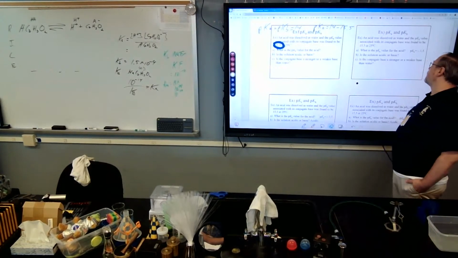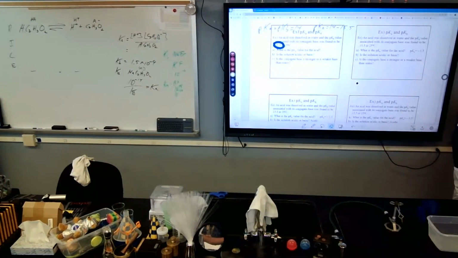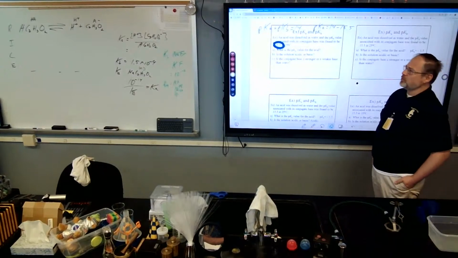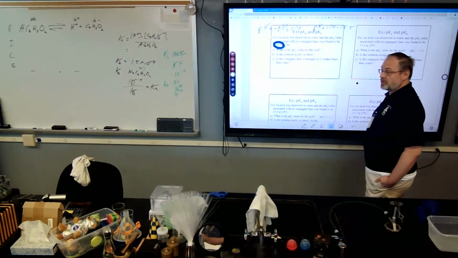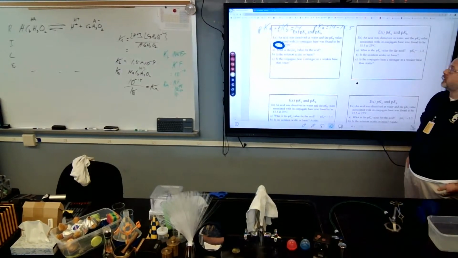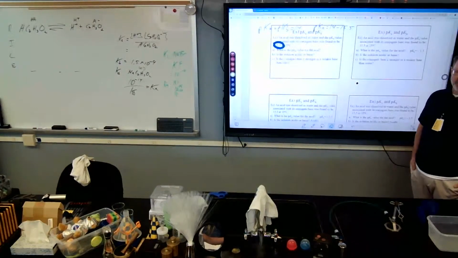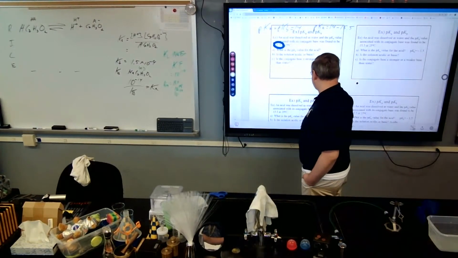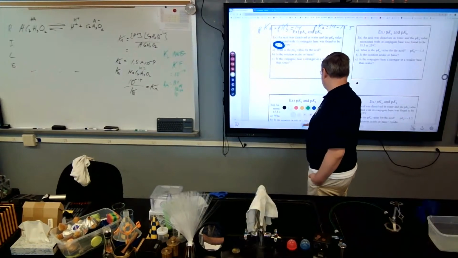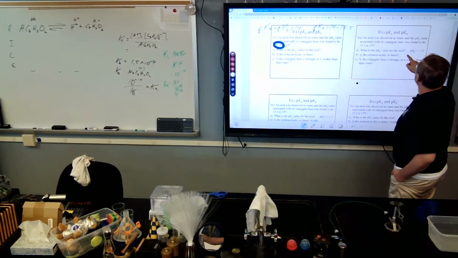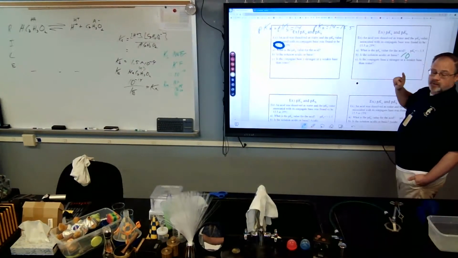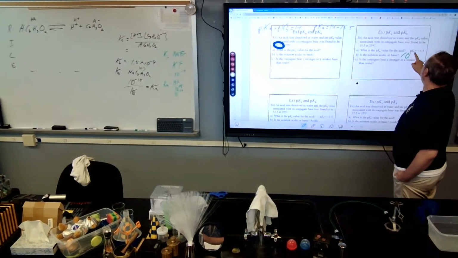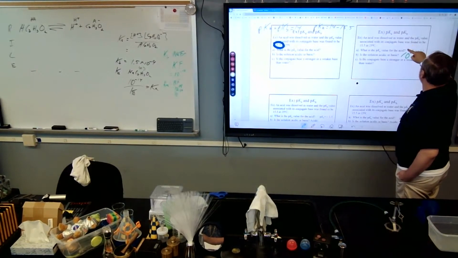Is the solution acidic or basic? Well, we can now do our 10 to the whatever, since we can treat pKa's and pKb's just like pH's and pOH's. So 10 to the negative 1.5 is going to give us our Ka.